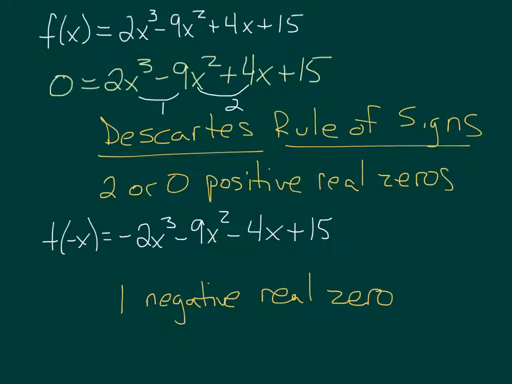This helps because I'm going to start looking at my negatives first, because maybe there's no positives, so it'd be silly to start working through all of those positive zeros that we just found. That's how Descartes' rule of signs can lead you in the right direction.